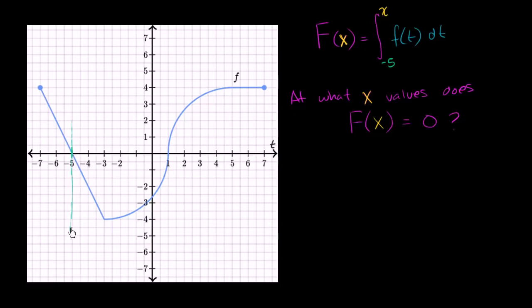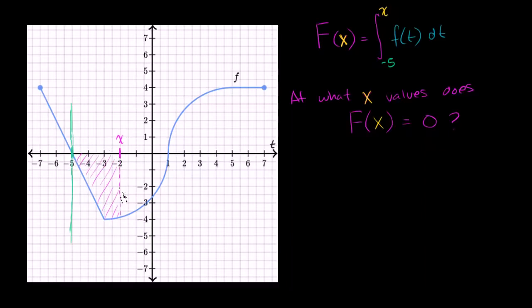And if you pick an x value, let's just say x were -2, so if that is your x value right over here, capital F would describe this area. And this area would be a negative area because here the function is below the t-axis. So for example, capital F of -2 would be negative.